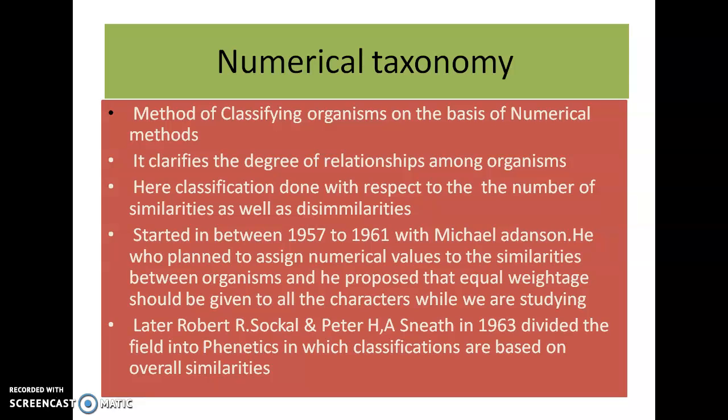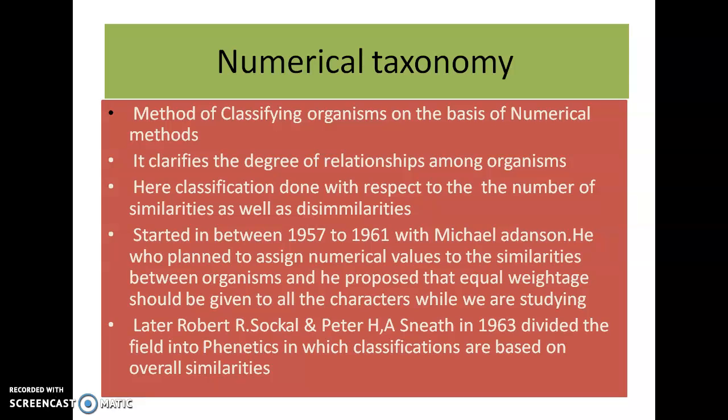So Michael Adanson was the first scientist who initiated the emergence of this branch, and he classified organisms on the basis of similarities as well as dissimilarities. While classifying, he provided equal weightage to all the characters. So if we take 5 different characters, he gave equal weightage to all these 5 characters.